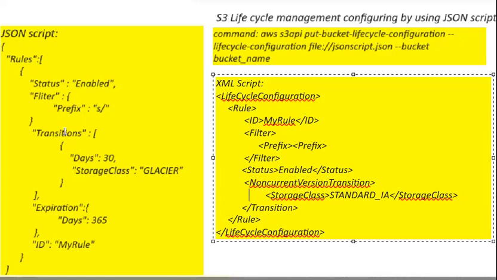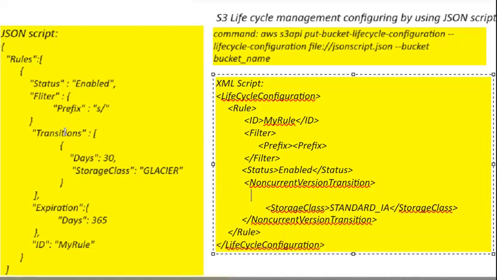For this, the same tag will be the closing tag, and inside this you have to provide the number of days, right? To provide that number of days, you need to write NoncurrentDays.